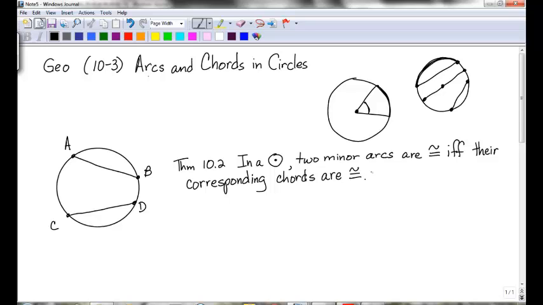The two minor arcs are congruent if and only if their corresponding chords are congruent.